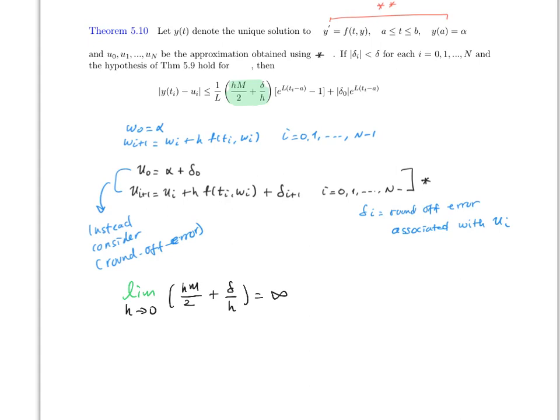So therefore there must be an optimal value for h if we just rely on this part for the error.